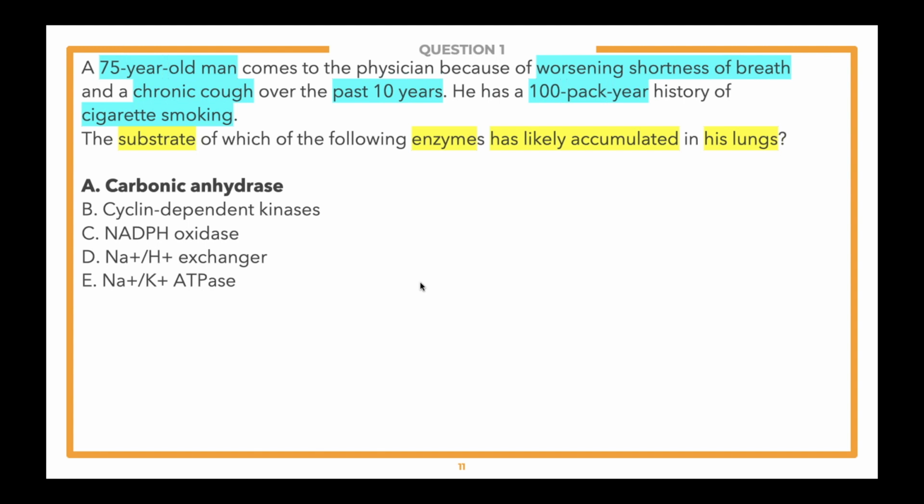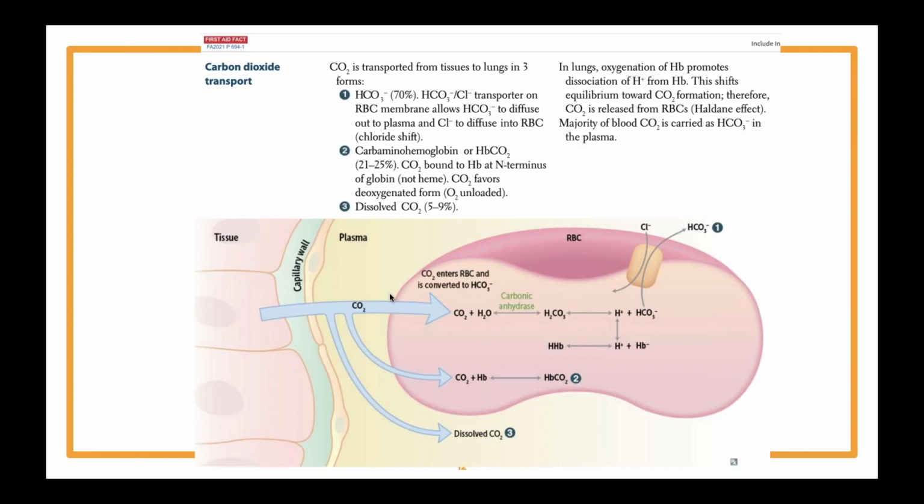And CO2, if you guys remember, is a substrate for carbonic anhydrase, okay? It is an enzyme in a few areas, but especially red blood cells, that catalyzes a conversion of CO2 to bicarbonate. So let's take a look at the next slide, a little bit of a throwback to our RBC physiology.